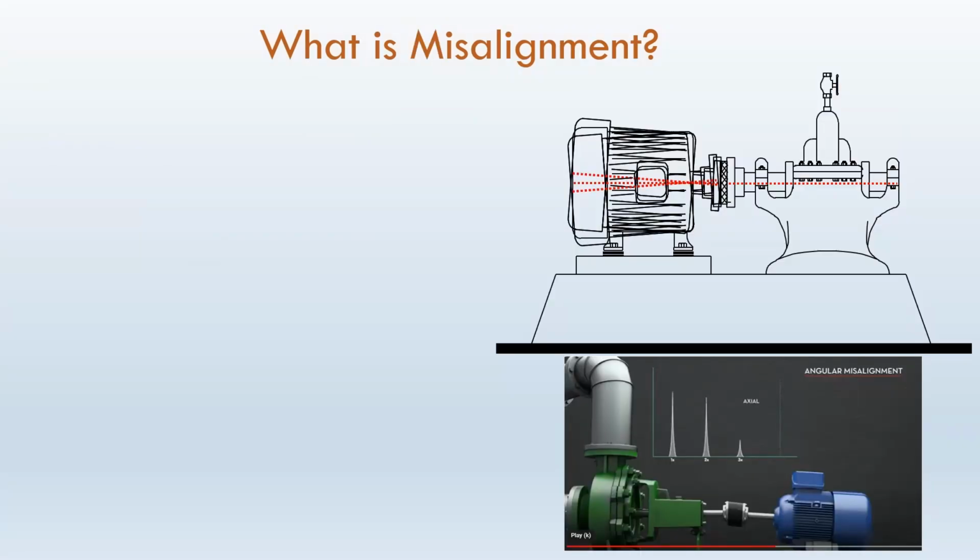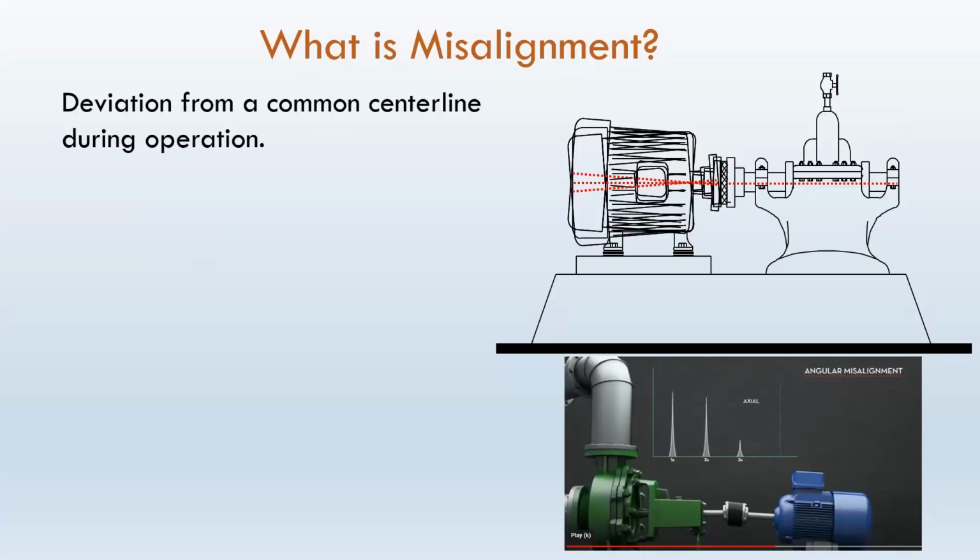Misalignment refers to the deviation of the rotating elements from a common center line during operation. This misalignment can occur in various types of machinery, including motors, pumps, compressors, and shaft-driven equipment. Its characteristics include 1. High axial levels. 2.